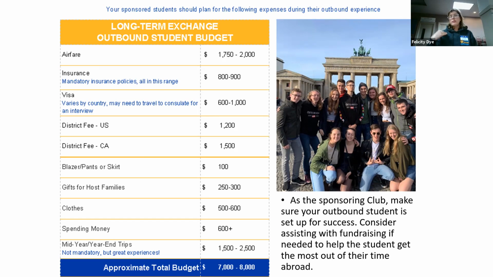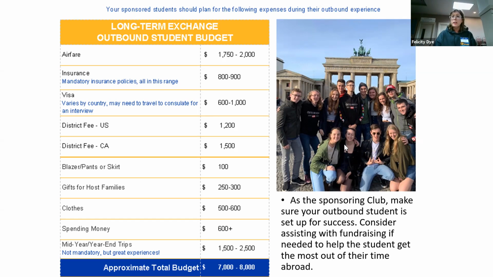Whether that's a European trip or, in Peru, they do an amazing trip to Machu Picchu and some other local things. Those typically run between $1,500 and $2,500 per student, and that's above and beyond. It is optional, but I will tell you, students should go on these trips. They're amazing. And they tend to be one of the highlights of their exchange.